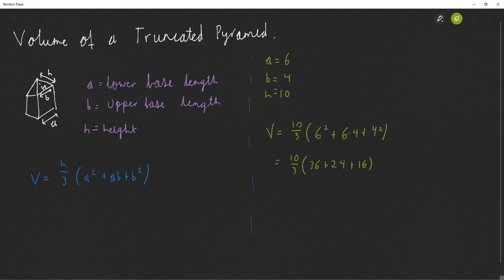Since 10 over 3 isn't a perfect answer, we're going to get an approximation, but it's equal to 10 over 3 multiplied by 76, which is approximately 253.33.